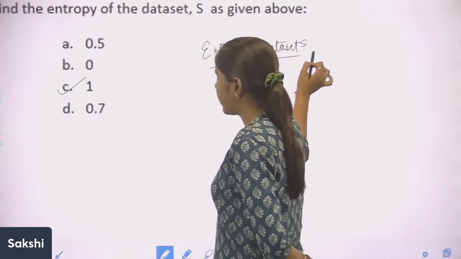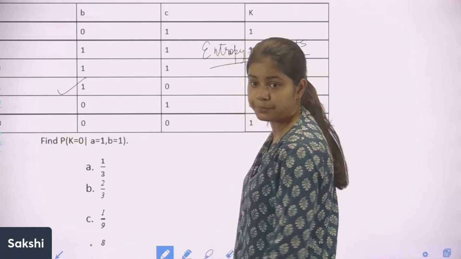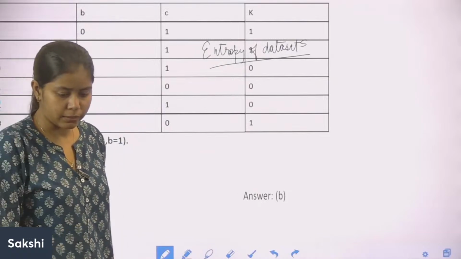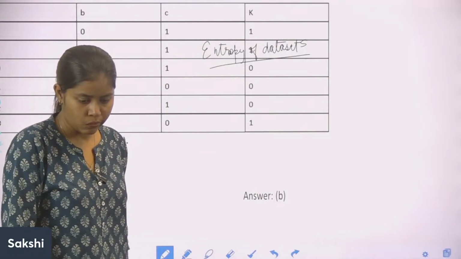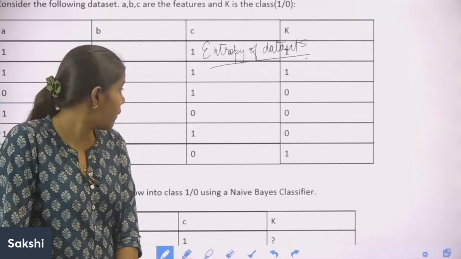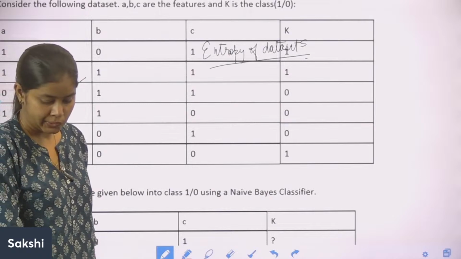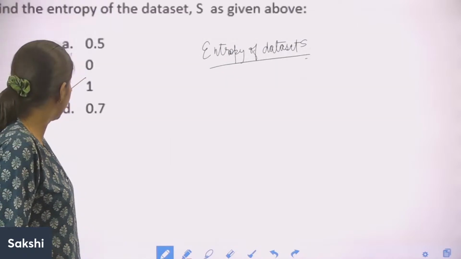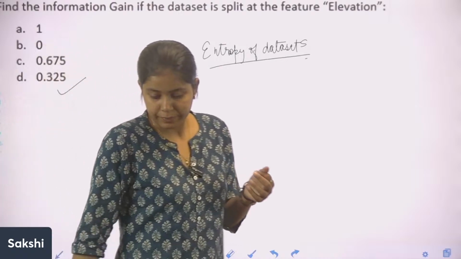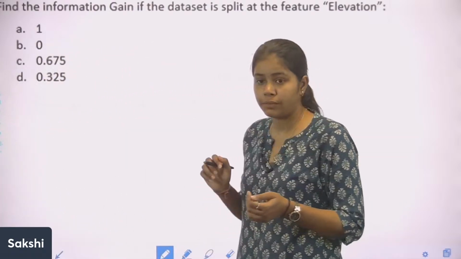Yes, we have to find the entropy of the data set S. Let me see if the data set is visible to you. Let me know guys if till now anybody has any confusion.